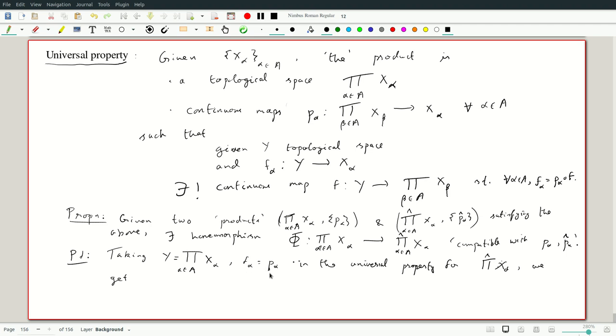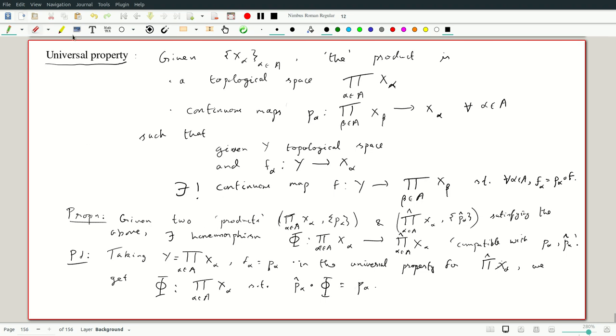Well, we have a collection of maps all mapping to X alpha from this product. So we get a single map to the product, but this is the hat product. So we get phi mapping the product of X alpha to the hat product, such that if I look at P alpha hat composed with phi, this is P alpha. By the way, this is what compatible with phi will look like, but we don't yet have a homeomorphism. That's the main thing.